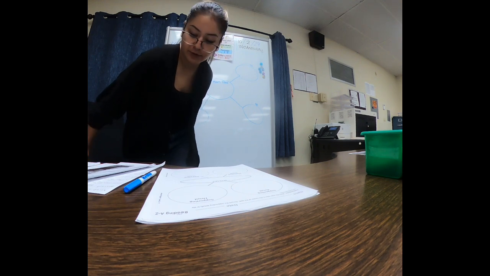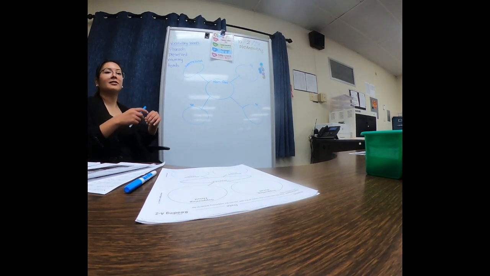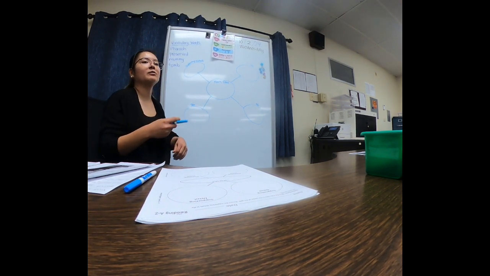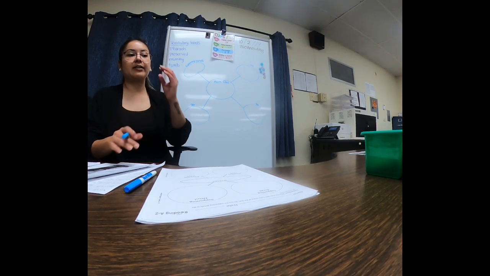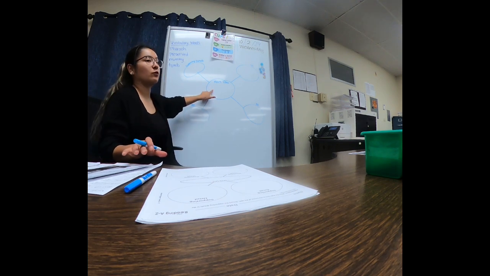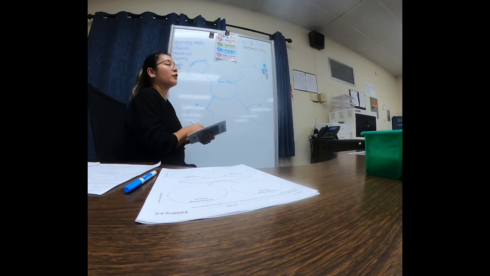Alright, so we're gonna go ahead and start with our main idea. So do you remember what our main idea was? Yeah. What was our main idea? Correct. Ancient Egypt, right? So that's gonna be our main idea. So that's what we're gonna write right here in the middle, okay? For your main idea.